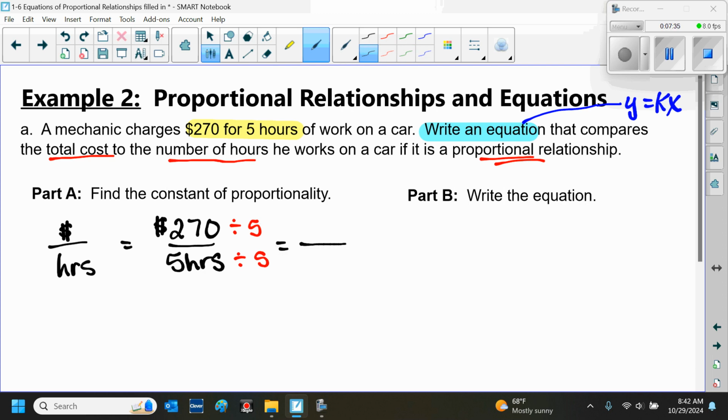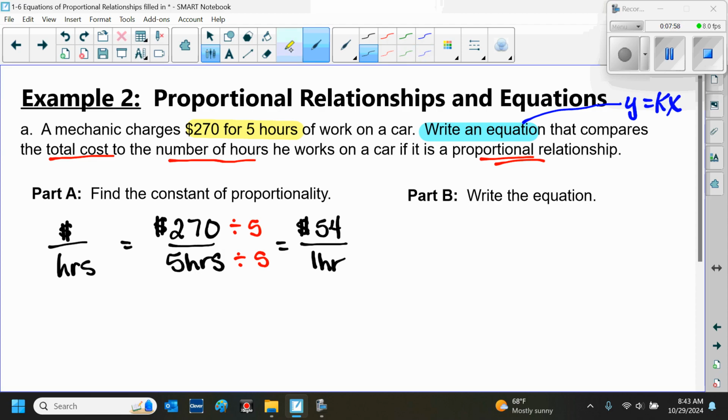So we have 1 hour in the denominator, and 270 divided by 5 is equal to 54. What the constant of proportionality means is that he earns $54 for every 1 hour of work that he does.